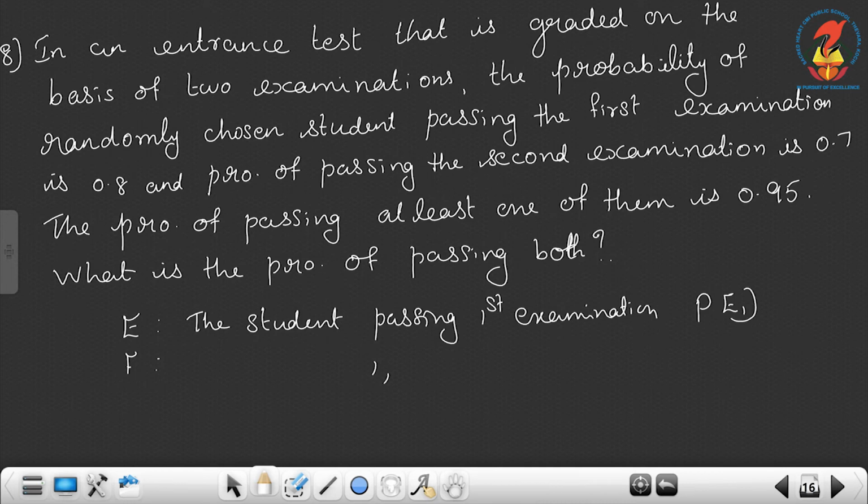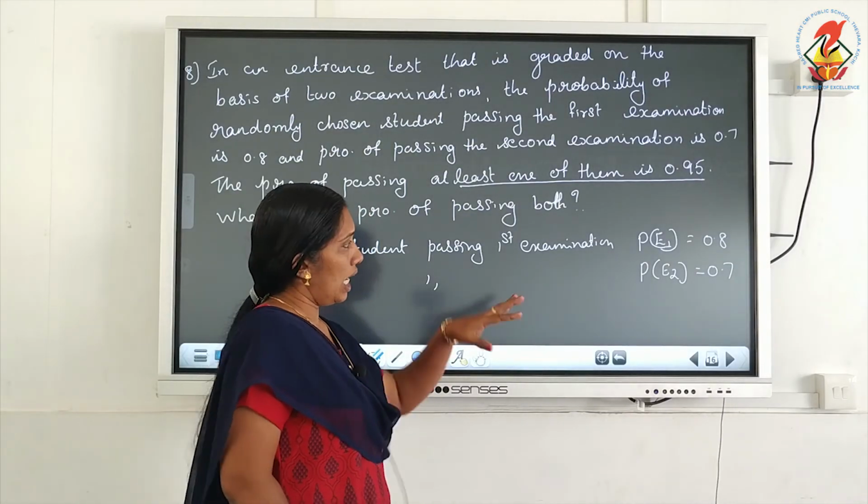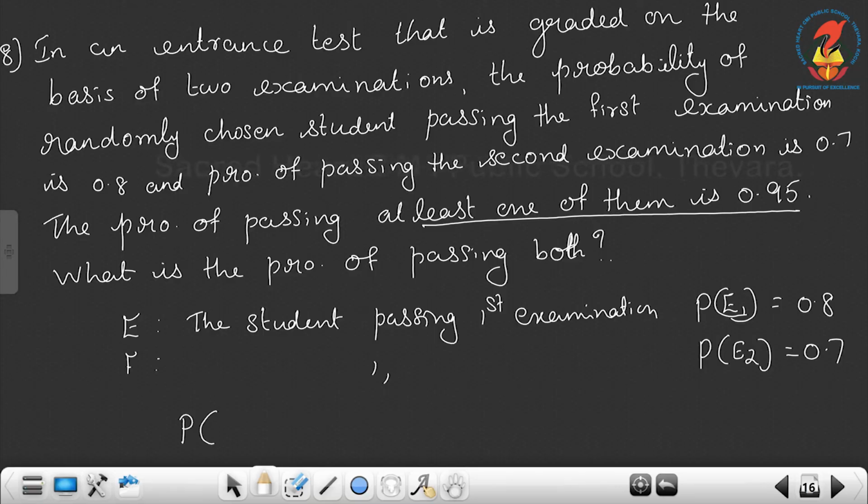So P of E is given as 0.8, P of F is equal to 0.7. Then what is this? At least one of them is the same as either E or F, that is the meaning.